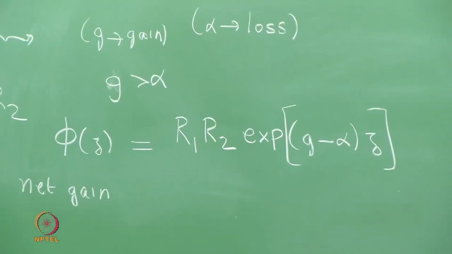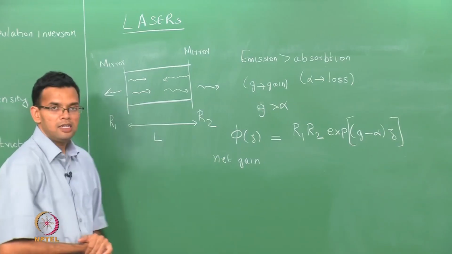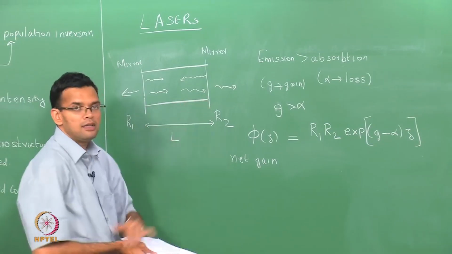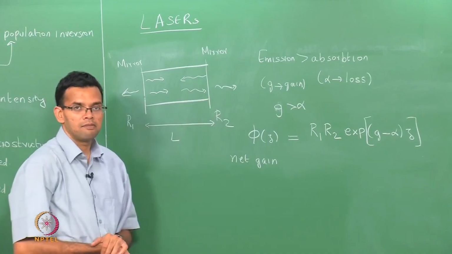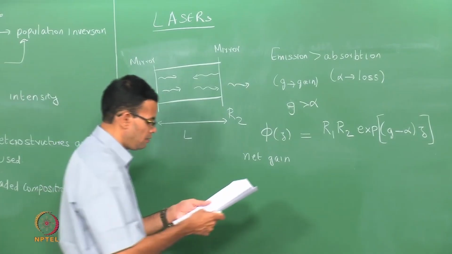Now, if L is the length of your laser and I have a light that originates at one corner, it travels a length L, gets reflected from the second mirror and travels a length L back, which means the total distance travelled is 2L.